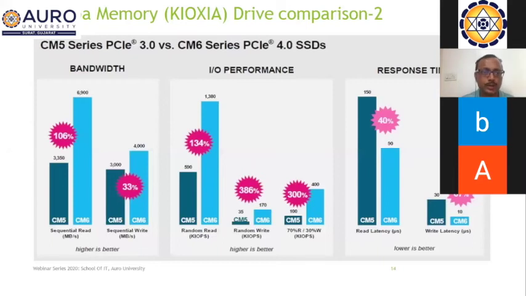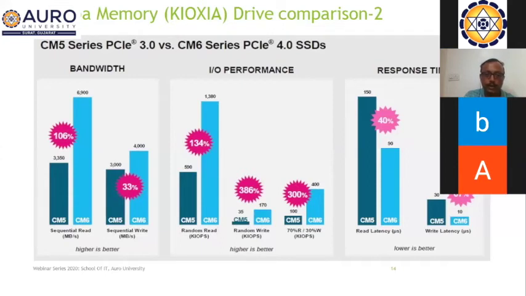These are two Toshiba drives. I worked as the architect for the CM5 drive, which was on PCI Gen 3, and now Toshiba has come up with a drive on PCI generation 4, and now you can see the difference. CM5 is short for Condor M5, which was working at 3.3 gigabytes per second.